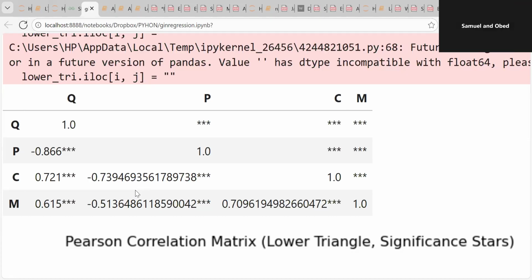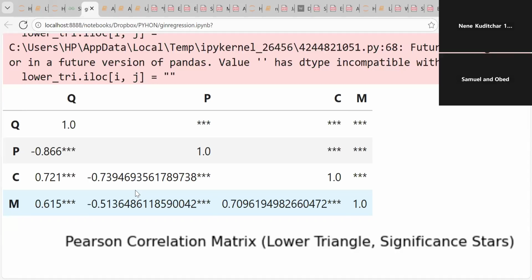Who is cracking the code? Quantity and quantity.